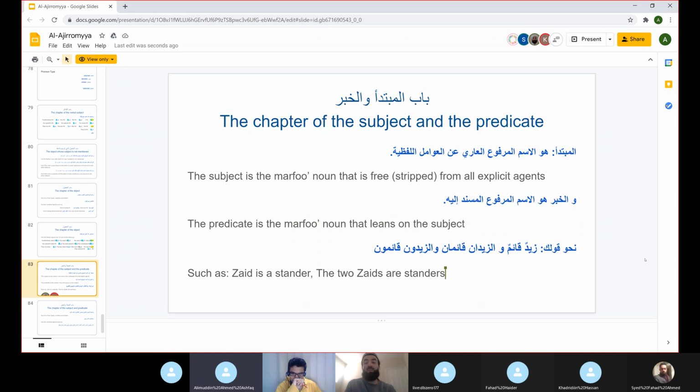But that's not how it translates. Zaidun qa'imun translates to Zaid is a standard, and Zaidani qa'imani translates to the two Zaids are standards, and Zaiduna qa'imuna means the Zaids, not necessarily just two, a group of Zaids, are standards. Again, the dual falls under the plural in English. That is why you won't see a difference in standards here, right?